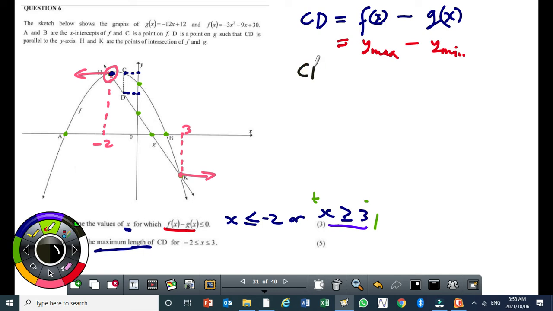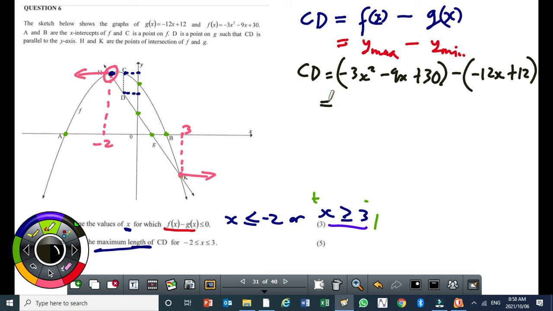So that we can get CD equals minus 3x squared minus 9x plus 30 minus 12x plus 12. Okay, let's get the expression now for CD.